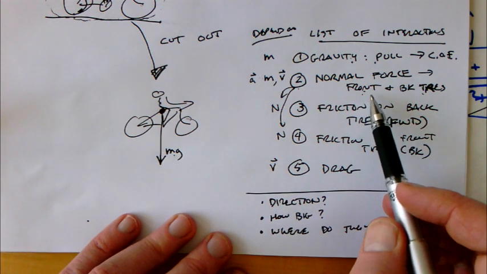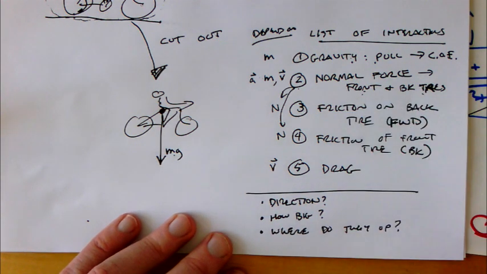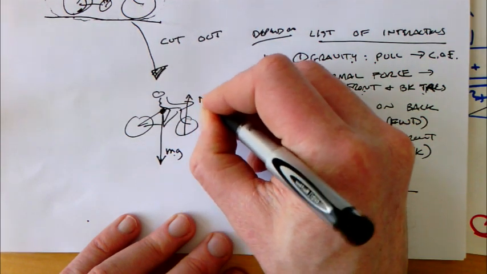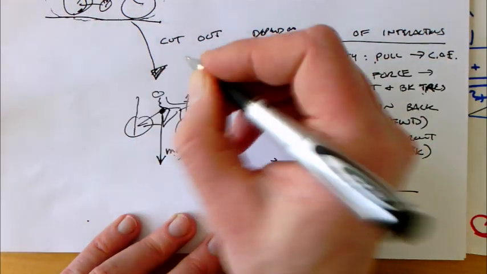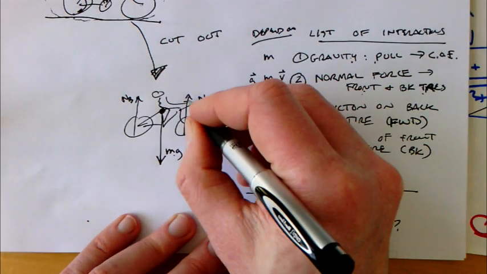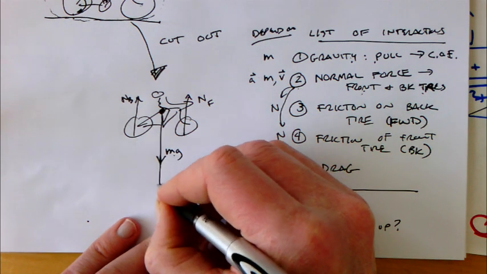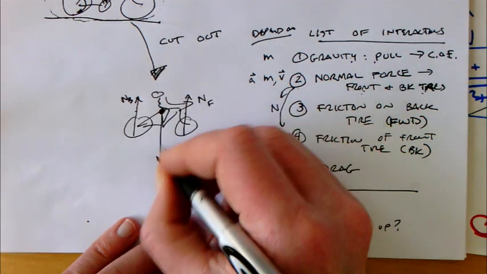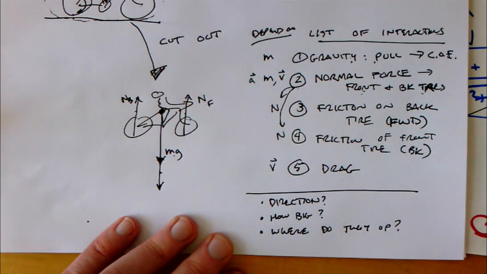And nominally, you might expect that that total normal force might be somewhat evenly distributed between the two tires. So there'll be a normal force at the front and a normal force at the back. And probably I should have made those arrows a little bit smaller, or the gravitational arrow a little bit bigger, so that this and this added together are about the same as the gravitational force, since that would result in the person not falling into the ground.